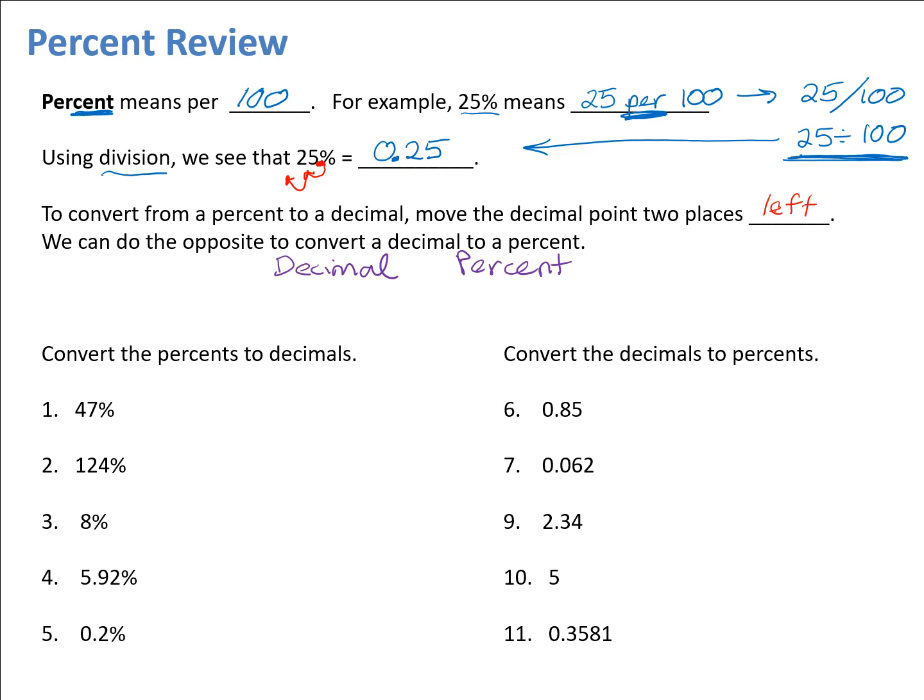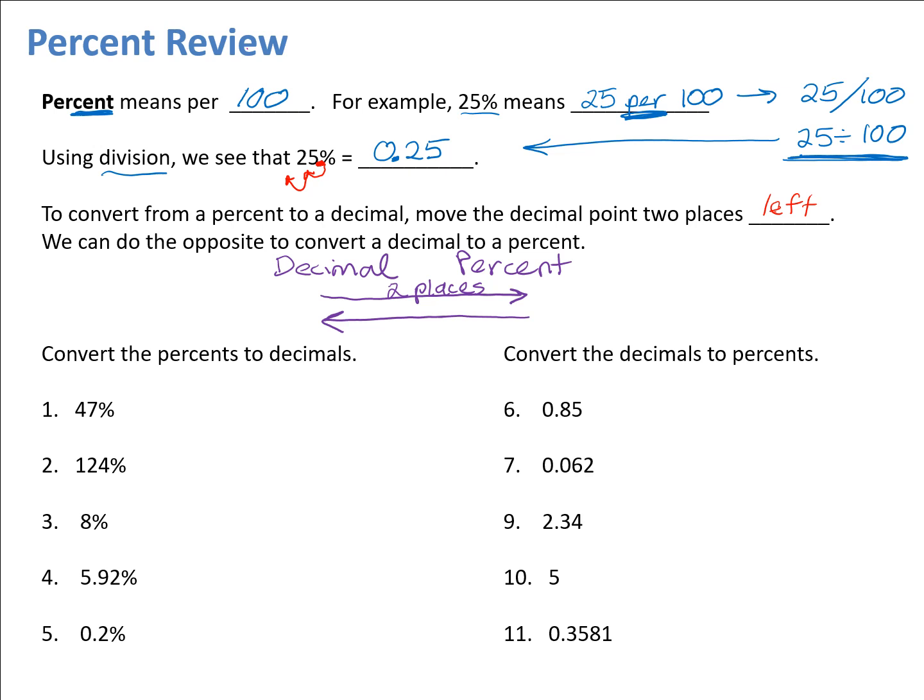So when we want to go from a decimal, using an arrow here to go to a percent, notice the arrow is going to the right. So you're moving 2 places to the right to go from a decimal to a percent. If you want to go from percent to a decimal, you have to move left, so you move 2 places left. So that's one little memory trick to remind you of which direction you move.